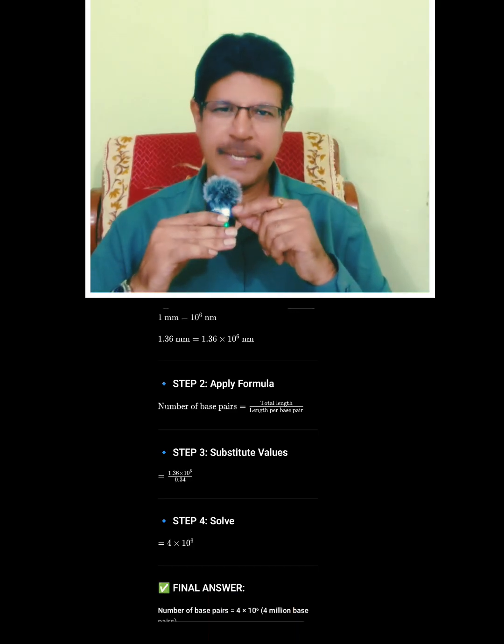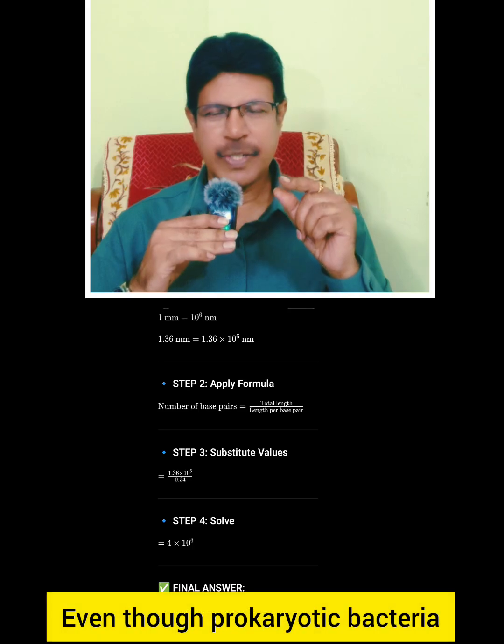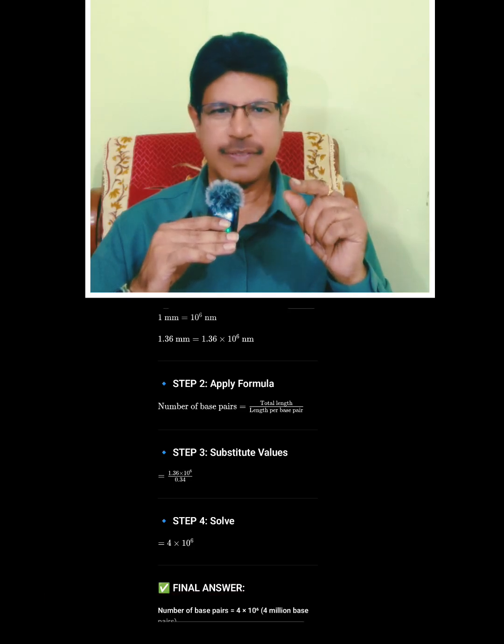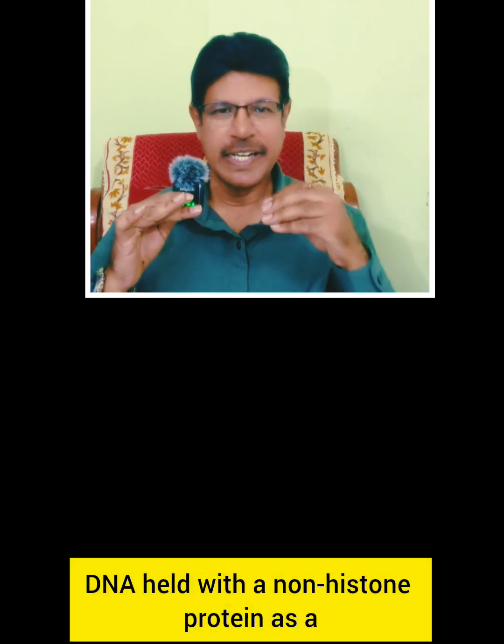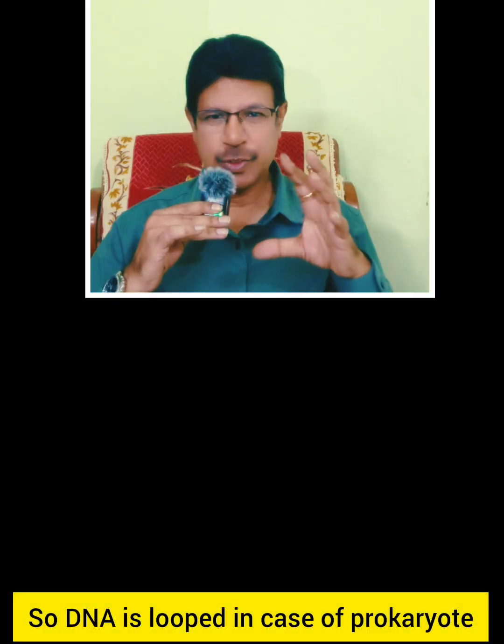Next, packaging in case of prokaryotes. Even though prokaryotic bacteria do not have a true nucleus, that is, without nuclear membrane, DNA is not scattered. Why? DNA is held with non-histone protein as large loops in the nucleoid. So DNA is looped in case of prokaryotes.